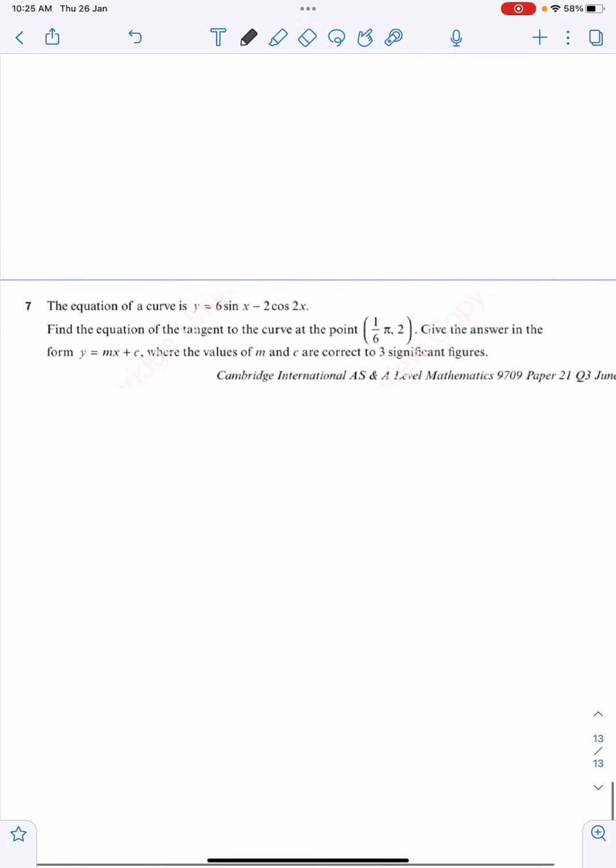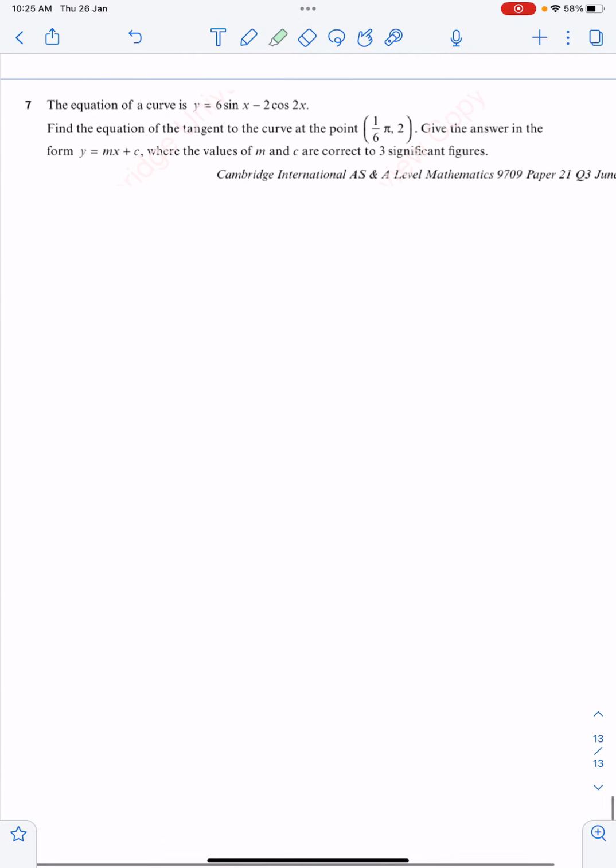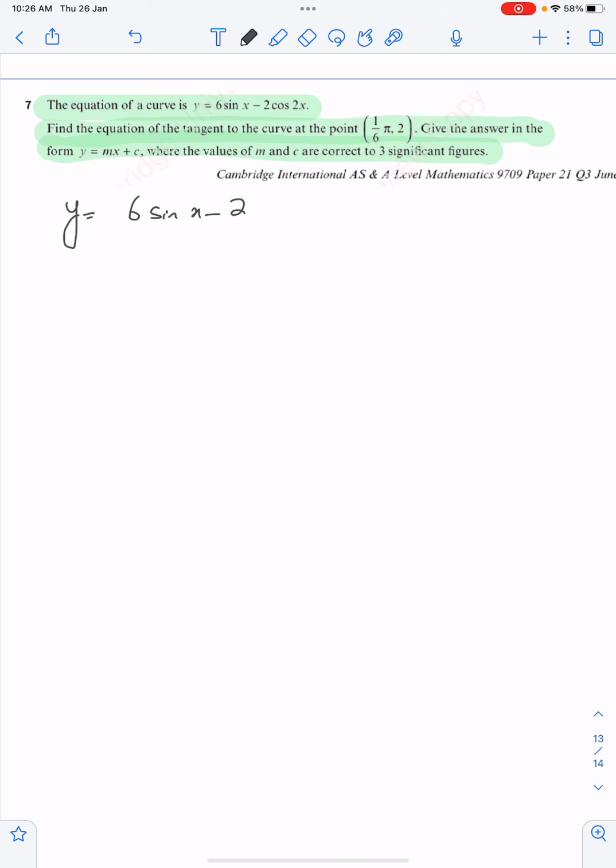Okay, now we move on to question number 7. The equation of a curve is given. Find the equation of the tangent to the curve at this point, giving the answer in this form. Firstly we'll find dy by dx of this: 6 sin x minus 2 cos 2x. dy by dx is going to be 6 cos x plus 2 sin 2x multiplied by 2.